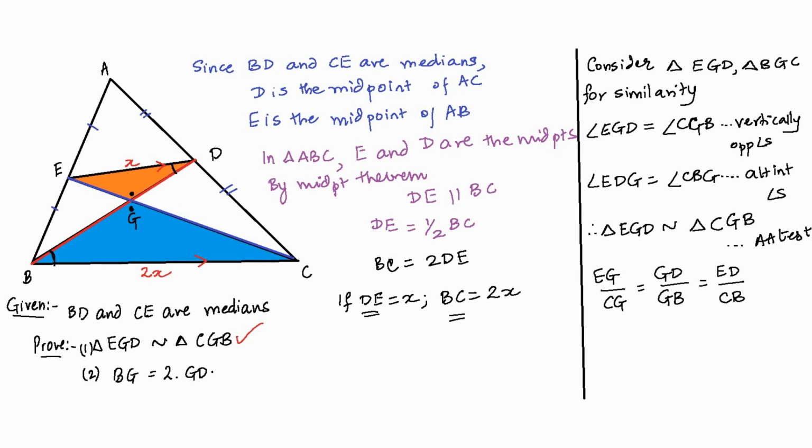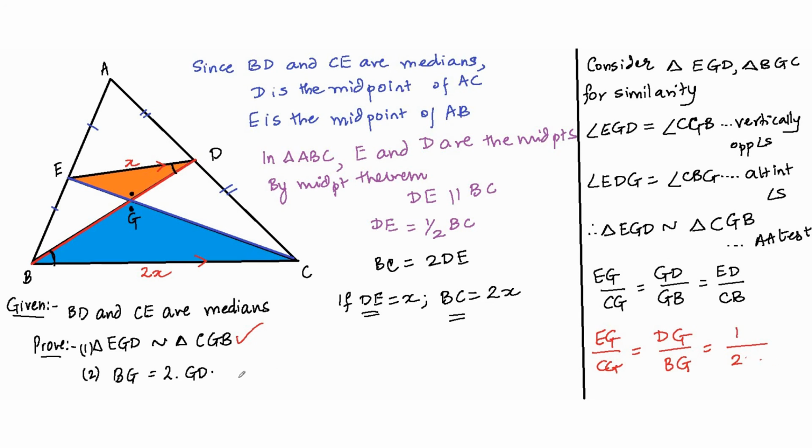So let me substitute these here. So I can say that EG divided by CG is equal to DG divided by BG, which is equal to ED is X and CB is 2X. So X and X cancels from here, right? So the ratio therefore is 1:2.